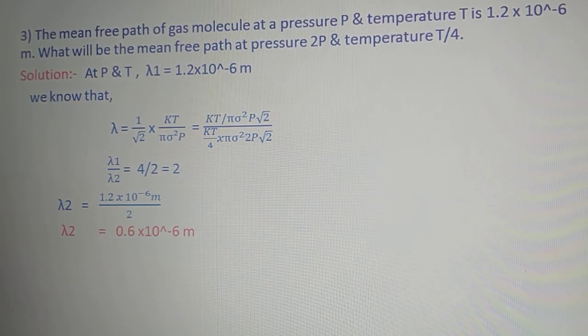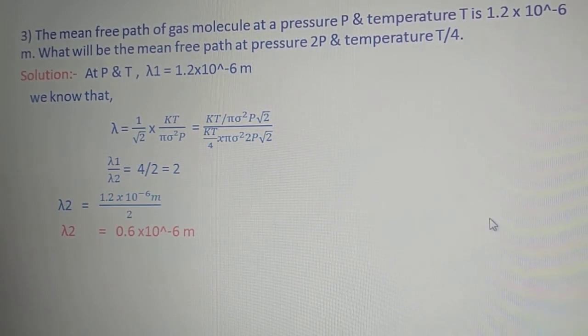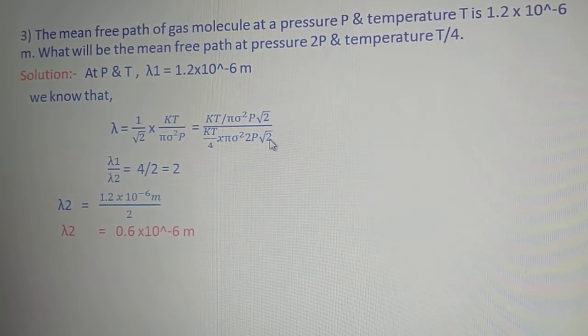And for lambda 2, we can replace T by T by 4 and P by 2P. So this will become kT by 4 into pi sigma square into 2P into root 2.